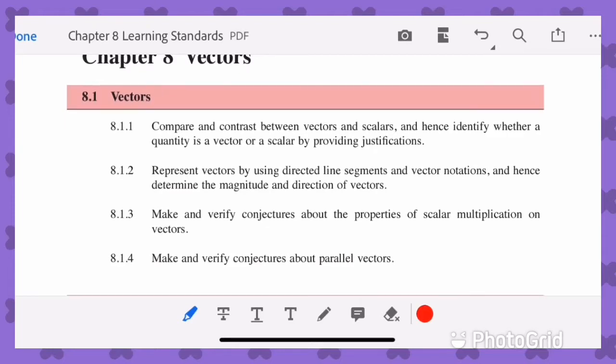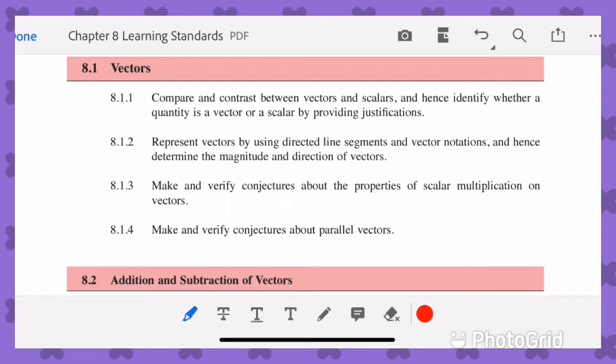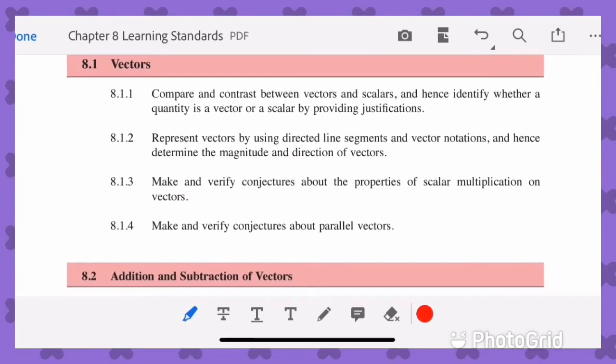Followed by make and verify conjecture about the properties of scalar multiplication on vectors, and finally make and verify conjecture about parallel vectors. So these are 4 important learning standards for today's lesson.